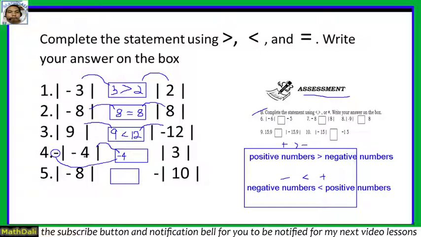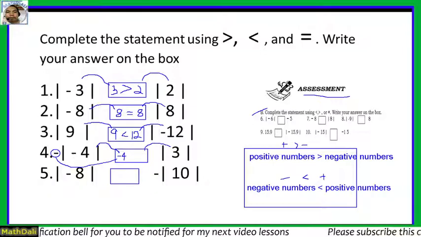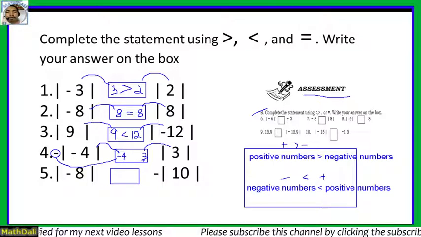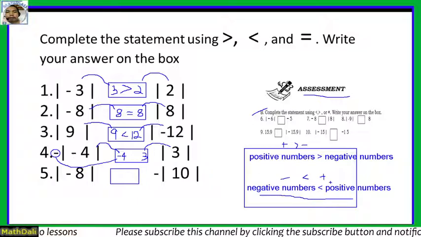But since meron tayong negative dito, ang sasagot natin dyan ay negative 4. Then absolute value of positive 3 will be positive 3. So negative 4 and positive 3. Negative number is always be less than positive number. So ang gagamitin natin symbol dito ay less than.